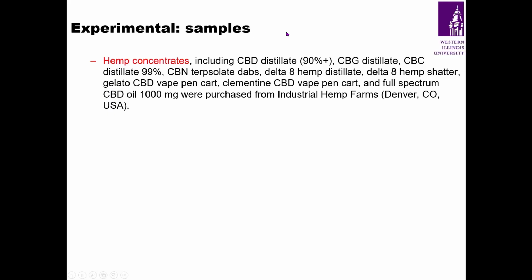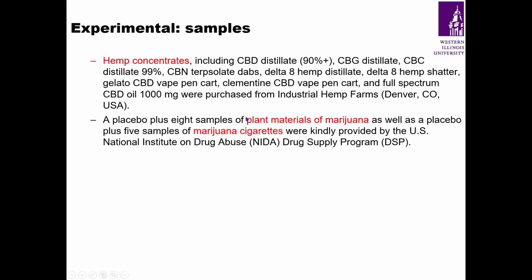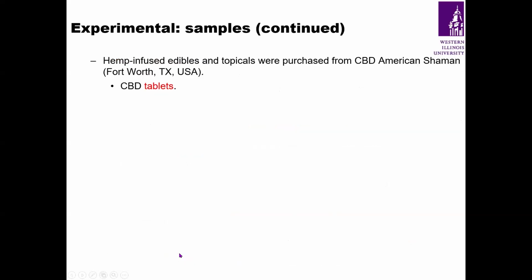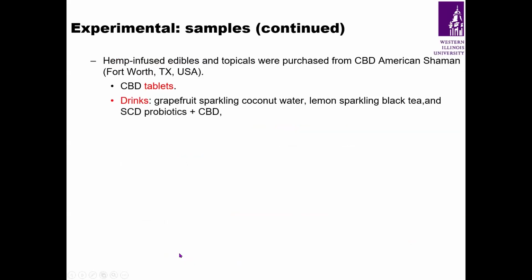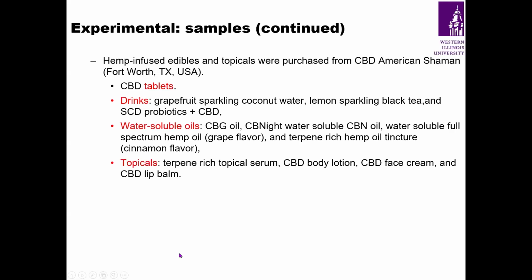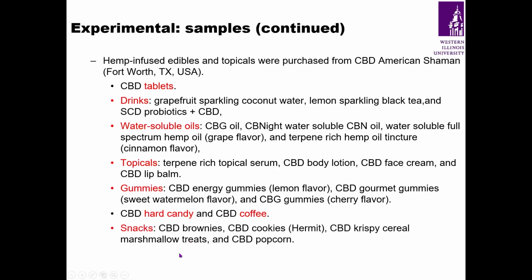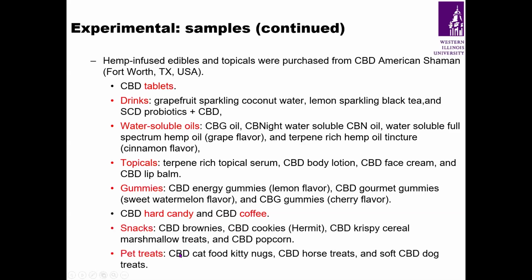Samples that have been analyzed included hemp concentrates, plant materials of marijuana, marijuana cigarettes, hemp flowers, hemp cigarettes, delta-8 THC fortified hemp flowers, more hemp flowers, more delta-8 THC fortified hemp flowers, tablets, drinks, water-soluble oils, topicals, gummies, hard candy, coffee, snacks, and pet treats.